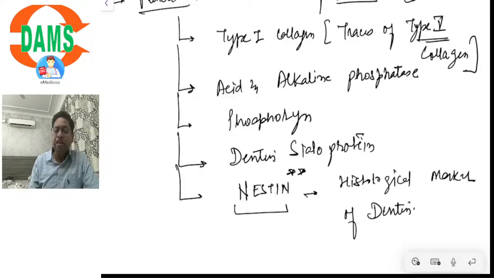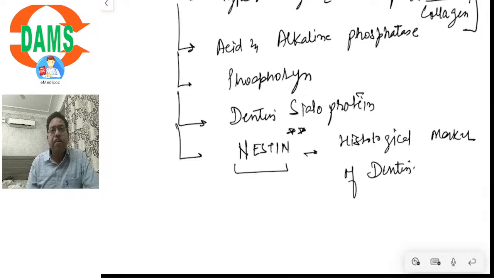See, basically, dentine is one of the calcified tissues. The other calcified tissues present in the oral region are enamel, cementum, and bone. So there are principally four types of calcified tissues: enamel, dentine, cementum, and bone. Now, how do we know that that particular tissue is dentine? By the presence or absence of nestin.